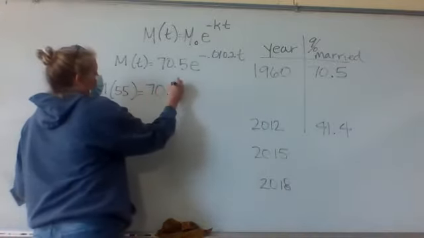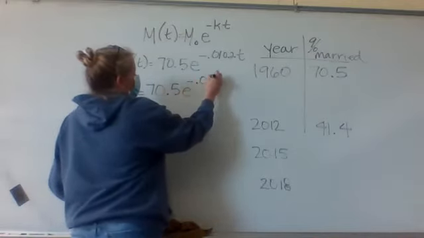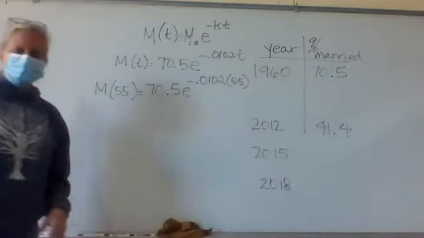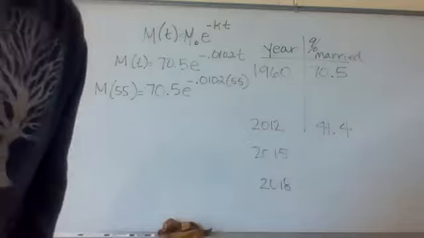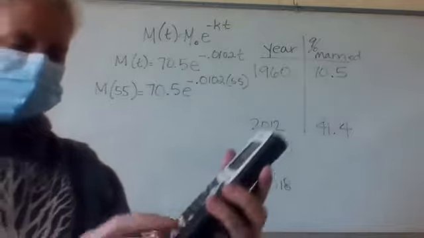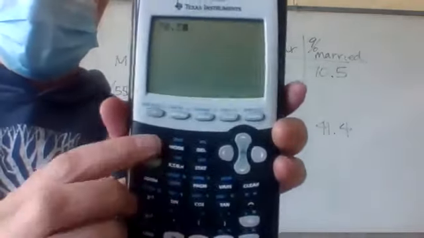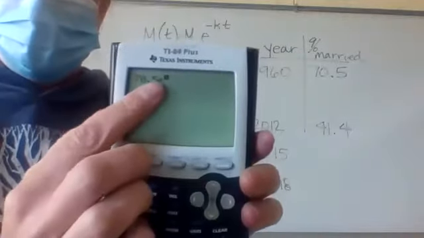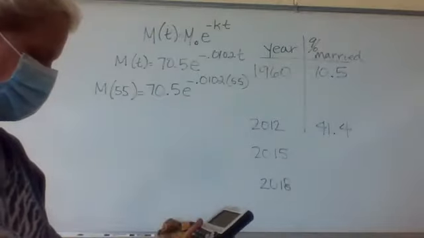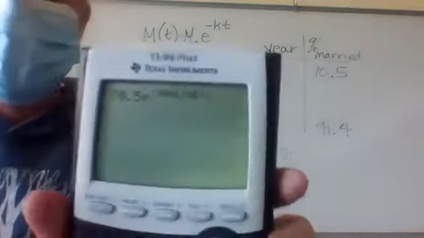So I'm just replacing the T with 55. So I have 70.5 E to the negative 0.0102 times 55, and then seeing what that is. So I just typed that in my calculator, 70.5, E, so second ln, and then my exponent, negative 0.0102, open parenthesis 55, close.